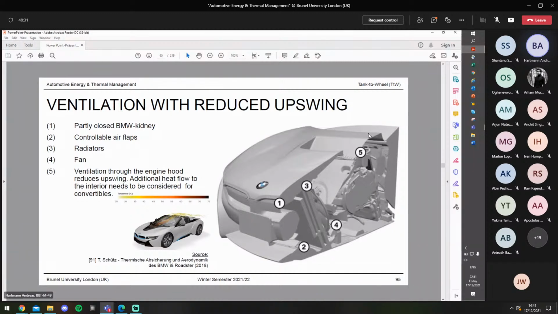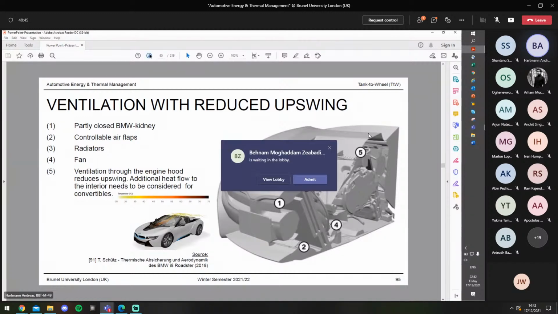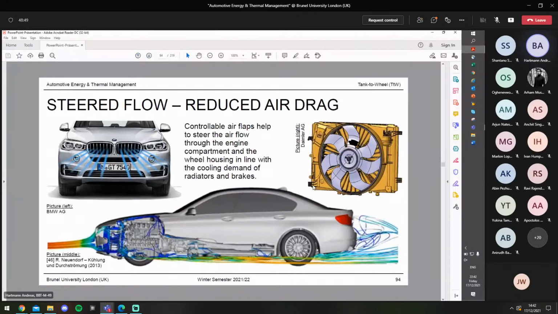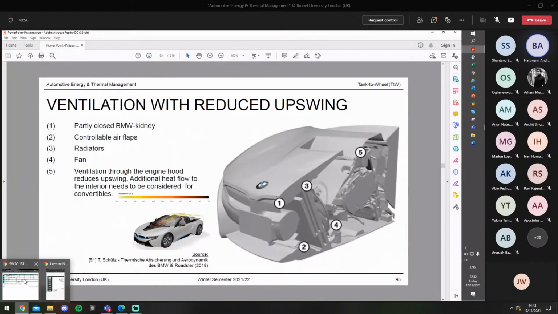The coolant air enters in the front of the vehicle through the BMW kidney, going through the radiators, and then not leaving the vehicle again by the underfloor, which is state of the art, as can be seen here. But the hot air is then released through an opening, through a gap in the hood.